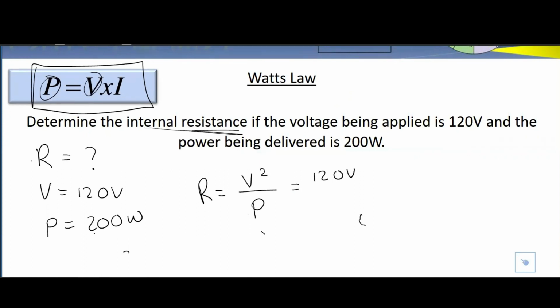You get 120 volts squared divided by 200 watts, which is 72 ohms. All right, so let's move on to the next one.